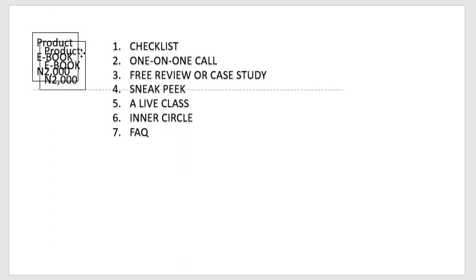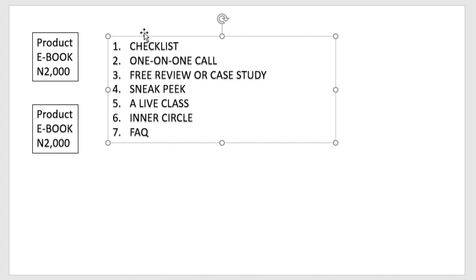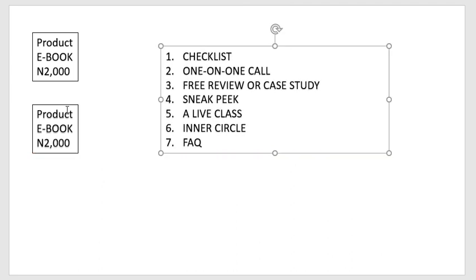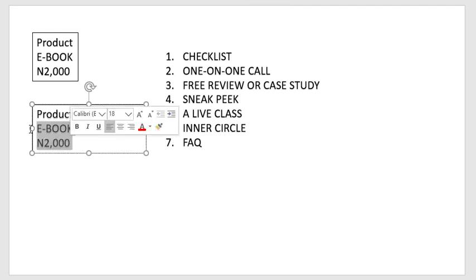Alright, so let's say my product is an ebook. I always tell people it's good to sell offline courses, bringing people to come to train, but why don't you do online courses? Online courses save you a lot of stress and give you a lot of leverage. You sell without stress, you can resell without an issue.